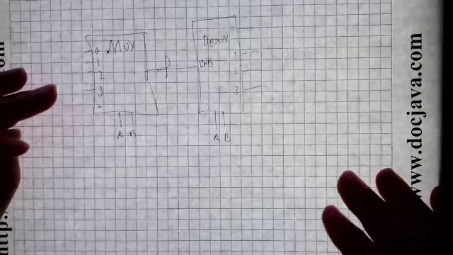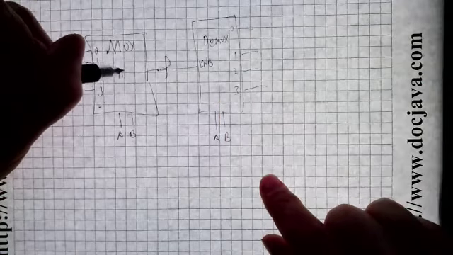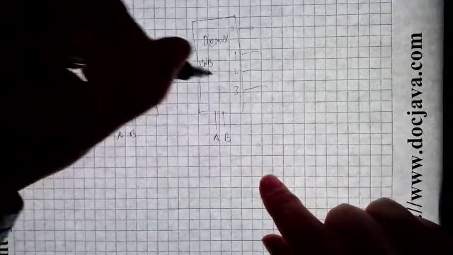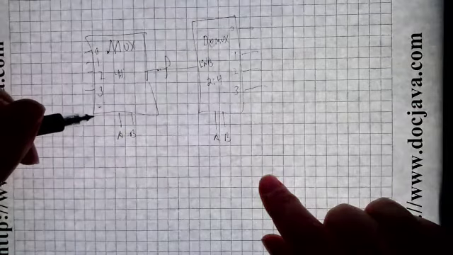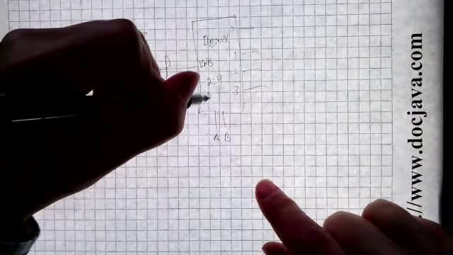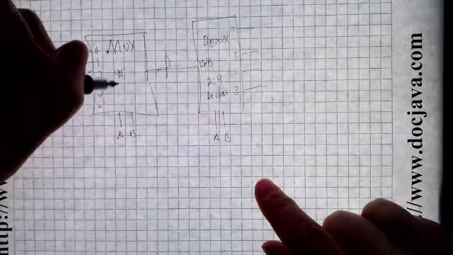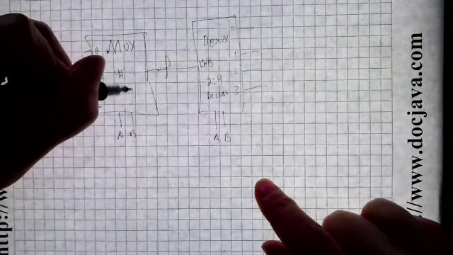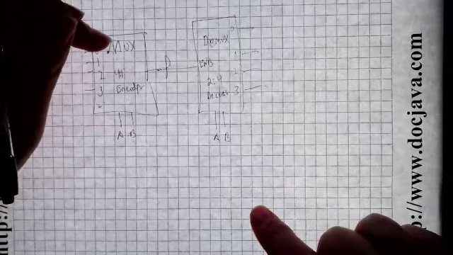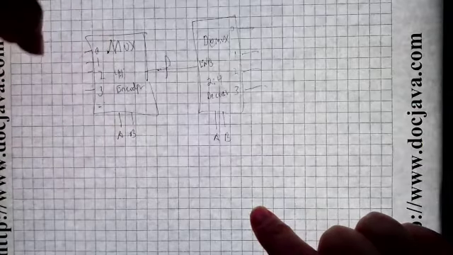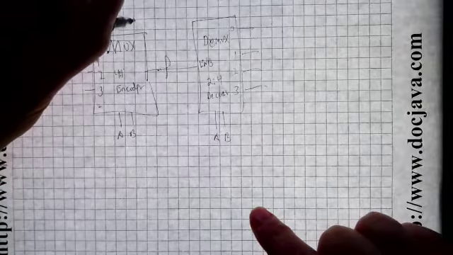And now we can see how the demux, this is a 4 to 1, and this is a 2 to 4. So we can call this a decoder or demultiplexer. We can call this an encoder or a multiplexer. So it's clear that a multiplexer is doing many to one.